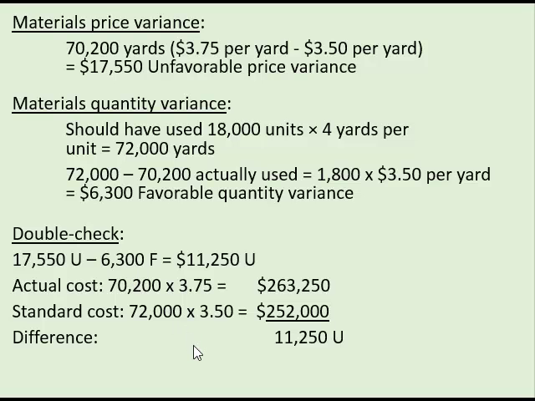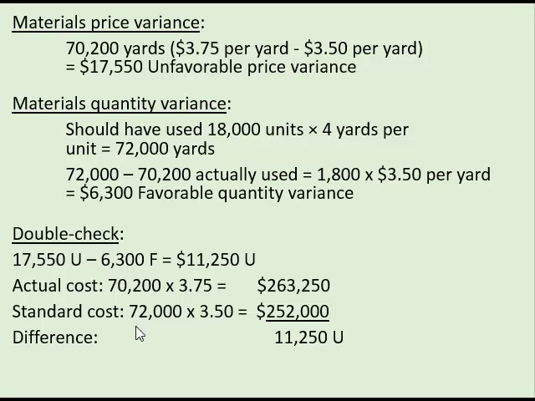And as a double check, I can figure out the total actual cost by taking the actual quantity times the actual price paid per yard to get the actual total, and compare that with what the total standard cost should have been for making 18,000 units of product.